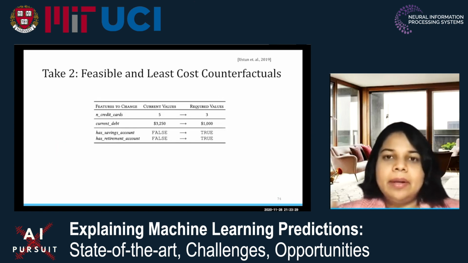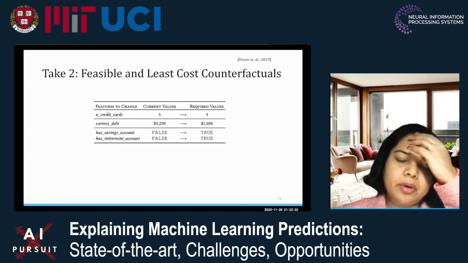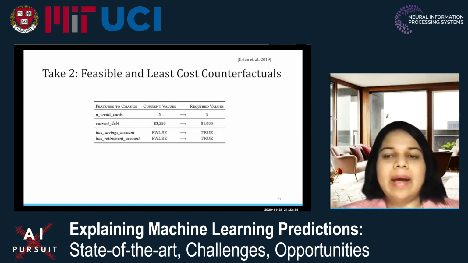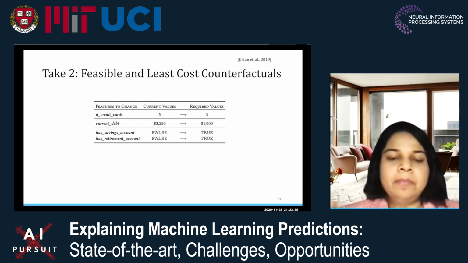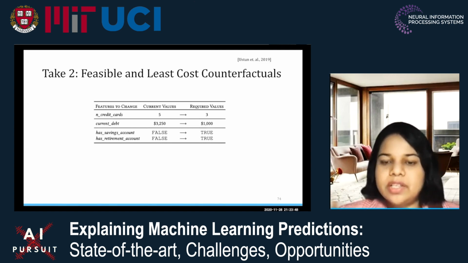Here is an example of a counterfactual produced for a particular loan applicant using the approach of Houston et al. As you can see, there are different kinds of changes being recommended to reduce the number of credit cards from 5 to 3, and also to reduce the current debt from $3,250 to $1,000.